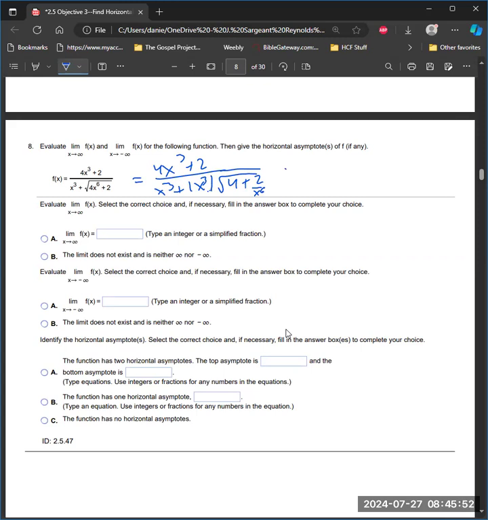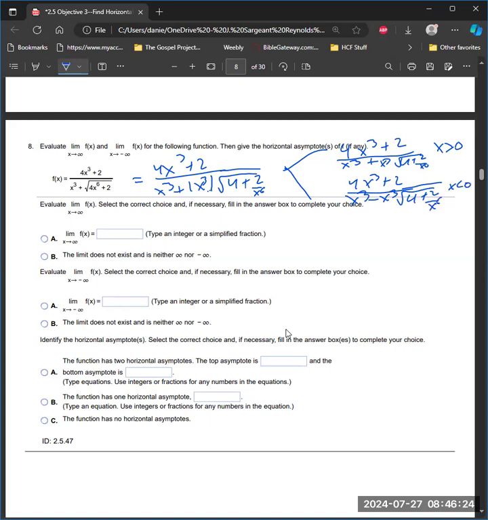But this is the same as 4x cubed plus 2 over x cubed plus x cubed square root 4 plus 2 over x to the sixth when x is greater than 0, and 4x cubed plus 2 over x cubed minus x cubed square root 4 plus 2 over x to the sixth when x is less than 0.